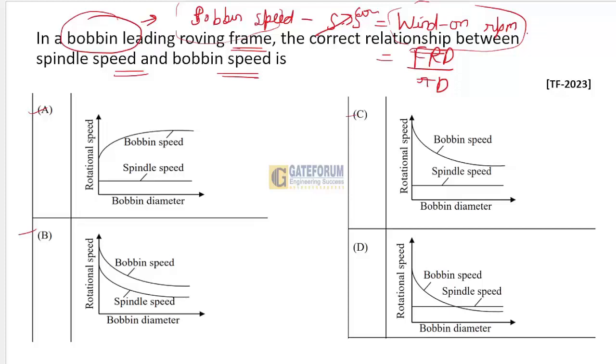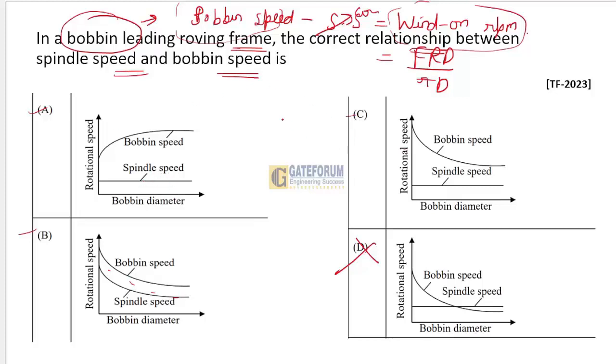So the bobbin speed will be higher for constant spindle speed, and you need to select the figure where the bobbin speed is higher. Here the bobbin speed is lower, so this cannot be the case. Here the bobbin speed is also lowering and the spindle speed is also lowering, whereas in another the bobbin speed is higher than the spindle speed.